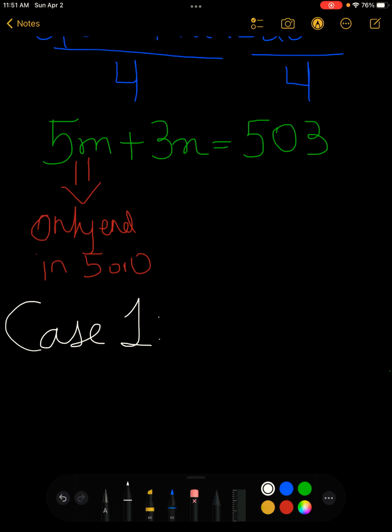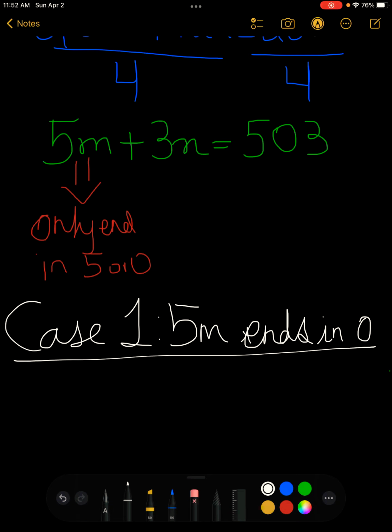Case 1, 5m ends in 0. So then 3n would have to end in 3, right? Because if 5m ends in 0, then the units digit of 3n would have to be 3 in order for 503 to be a possibility.